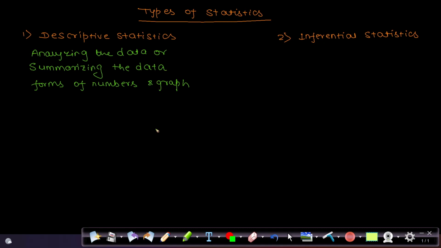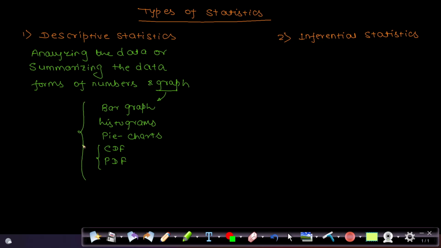Some kinds of graphs are like your bar graph, histograms, pie charts. We can also use CDF, PDF; we will discuss this later. These kinds of techniques or graphs are used in descriptive statistics.